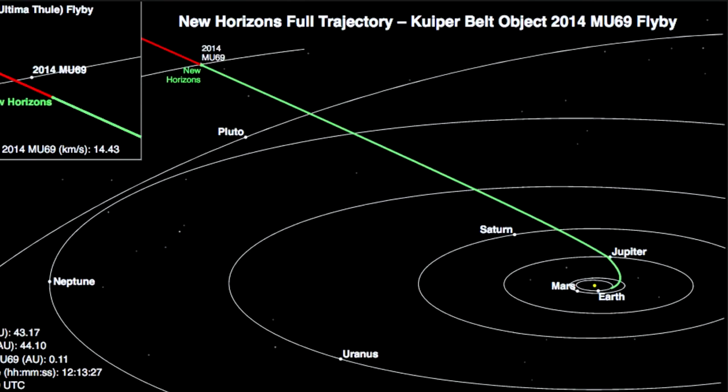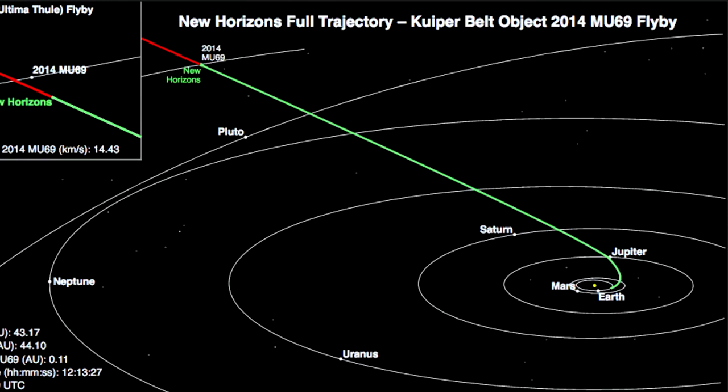An inset image shows the green arc turning red. The point at which green turns red is marked New Horizons, next to an orbit past Pluto of an object marked 2014 MU69, Ultima Thule Flyby. Kilometers per second, 14.43. We'll do some math. We'll figure out which way we want to go.